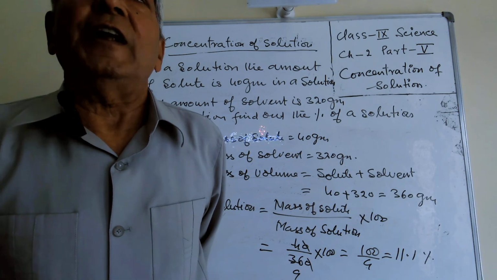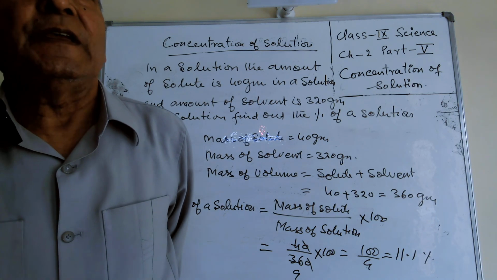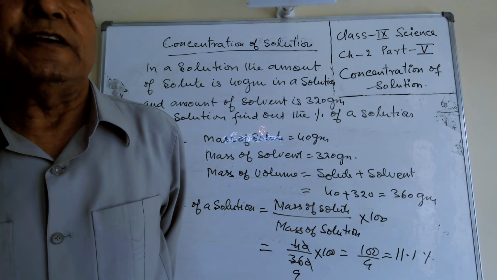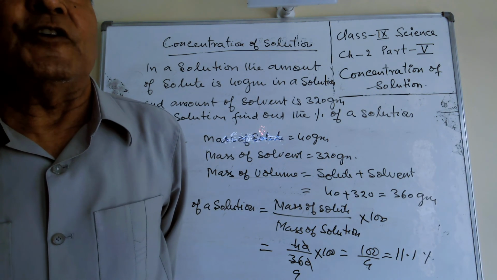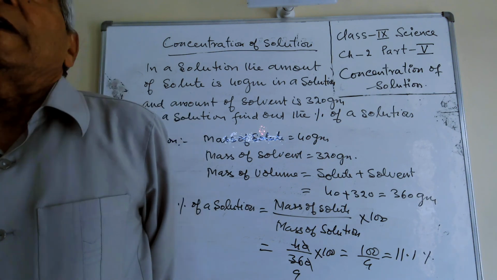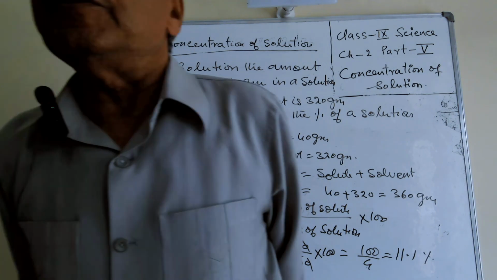And third, find out the percentage of a solution. There are three methods of finding the percentage of a solution. First, mass by mass; second, mass by volume; third, volume by volume. So I think the concept is clear to you.